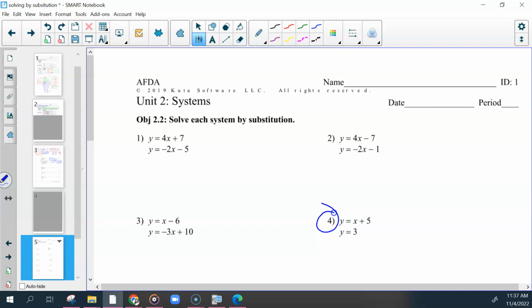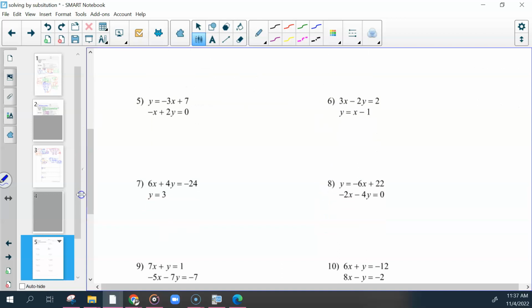Number 8. 8 on which page? On the top one. This one? Okay. Any others? Right. 7 on which page? Okay.